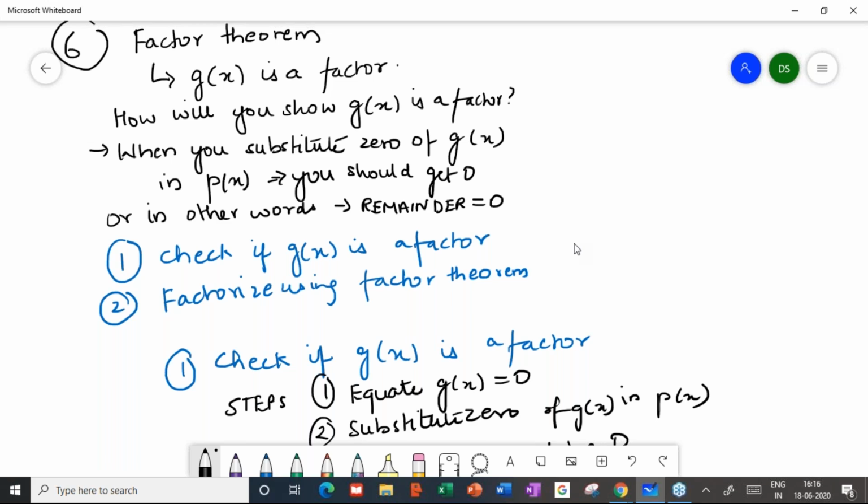But in this case, it's already mentioned that if it's a factor, the remainder is going to be zero. So you do the same thing, but look at the answer and see if you get a zero. Instead of finding the remainder, you check whether you get zero or not. That's the only difference. You do the exact same steps as remainder theorem. But if you get a number other than zero in the end, it means it's not a factor. Is it making sense now?